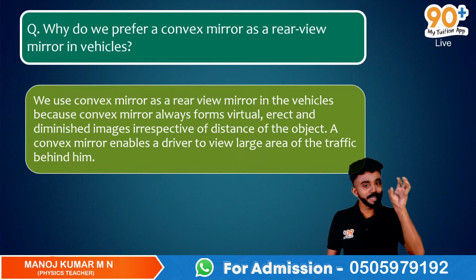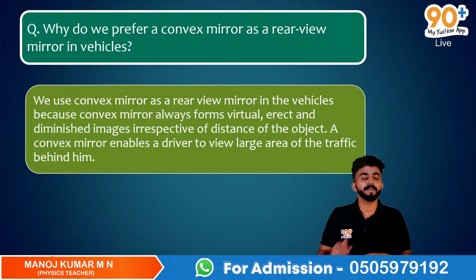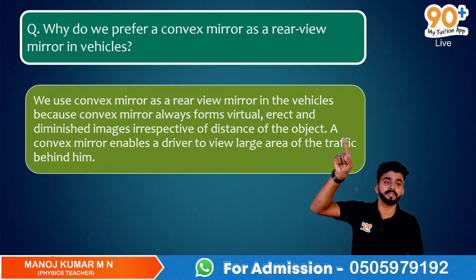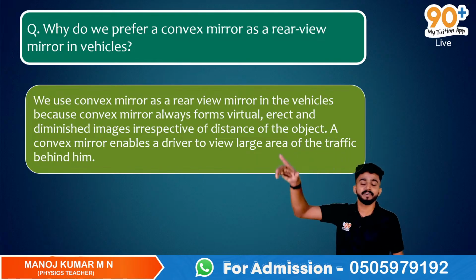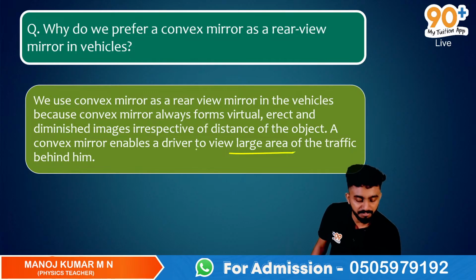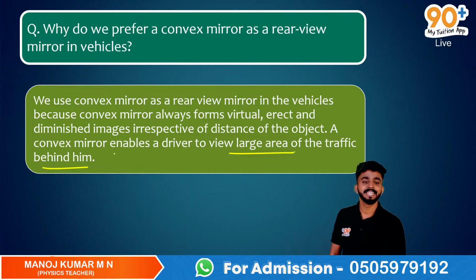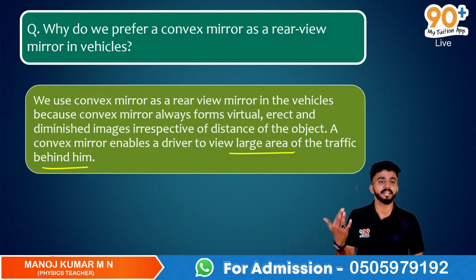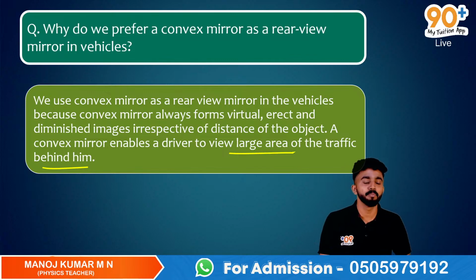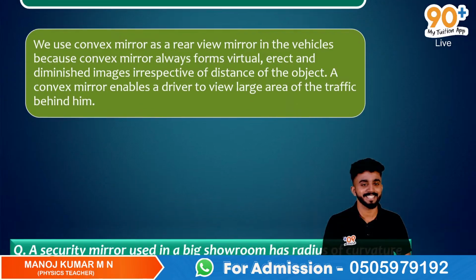And the images should be diminished because all the vehicles should be seen in this small mirror. So irrespective of the distance, we'll get the image diminished. A convex mirror enables the driver to view a larger area of the traffic behind it. Got it? That is the reason we have chosen a convex mirror as the rear view mirror of vehicles, for a larger field of view. Correct, Shivanya? So that there will be a wider view. Correct, Badra? Very good.